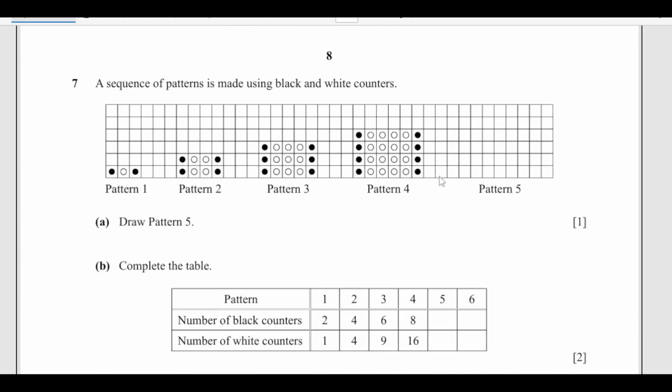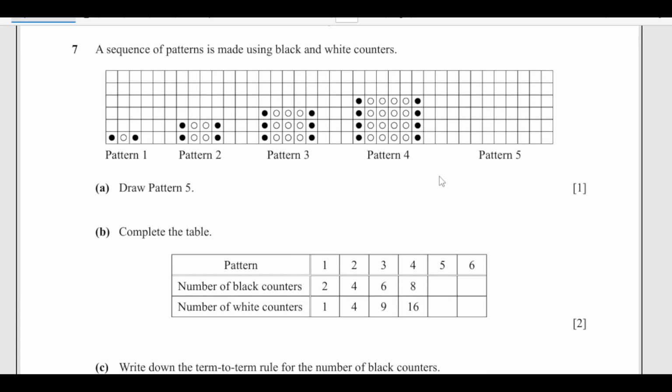Now number 7. A sequence of patterns is made using black and white counters. Draw pattern 5. You can see there is a gap of 3, then you start. Every time this dot is going one up.